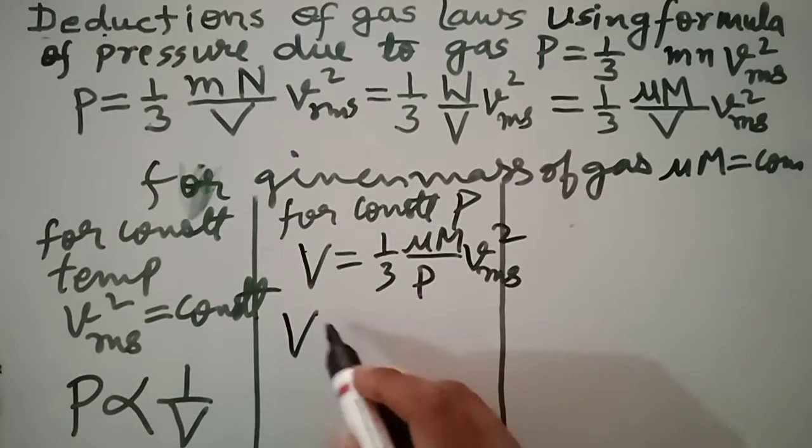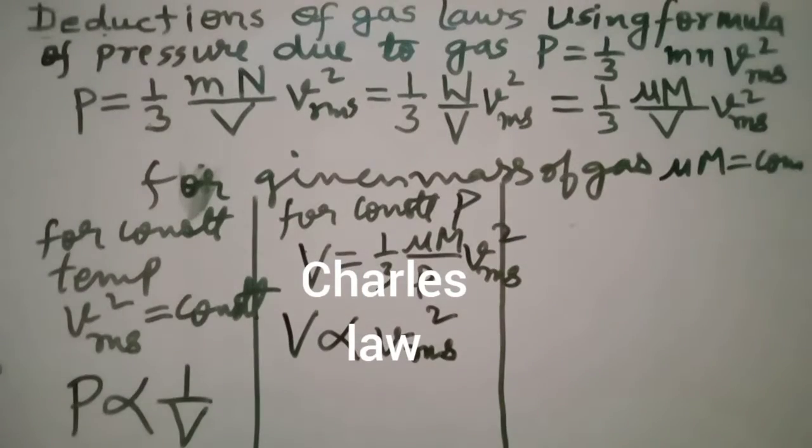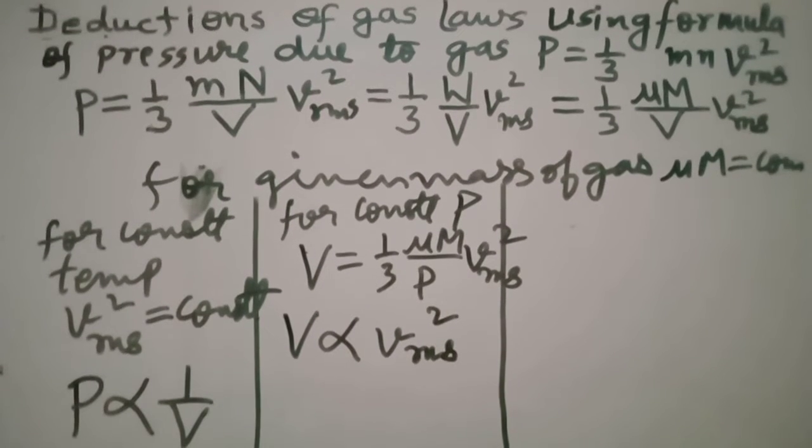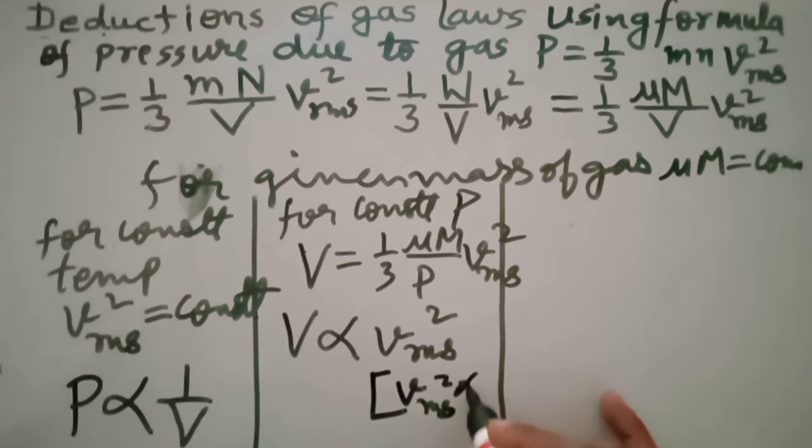That is, V is directly proportional to Vrms square. And this Vrms square is directly proportional to kinetic energy. And actually, for gaseous molecules, their kinetic energy is directly proportional to their temperature also. So it was observed that, as a side note, Vrms square is proportional to temperature.